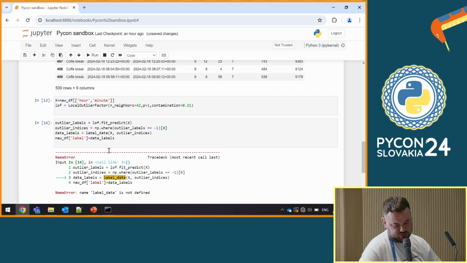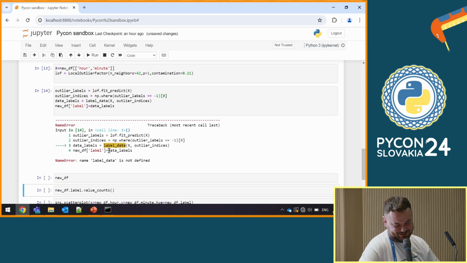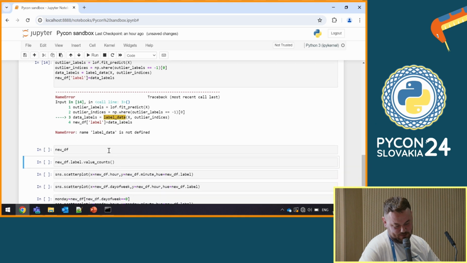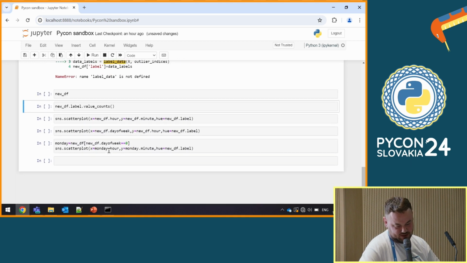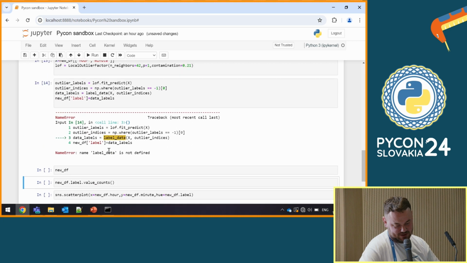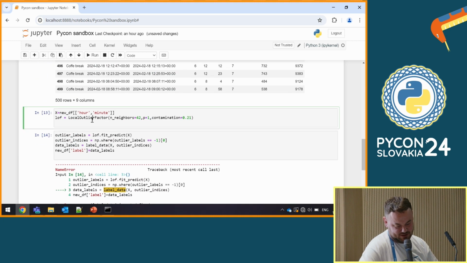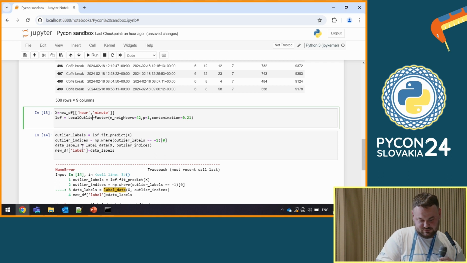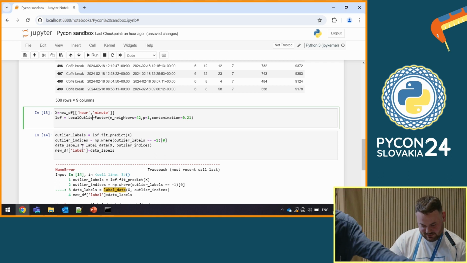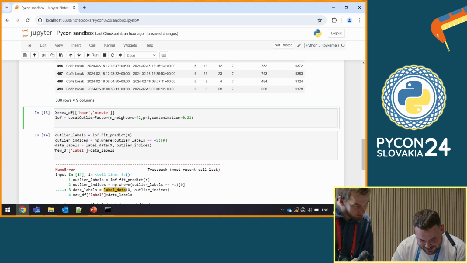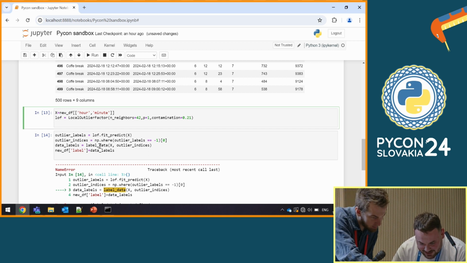And I have a problem with my code. Okay. Where does the label data come from?